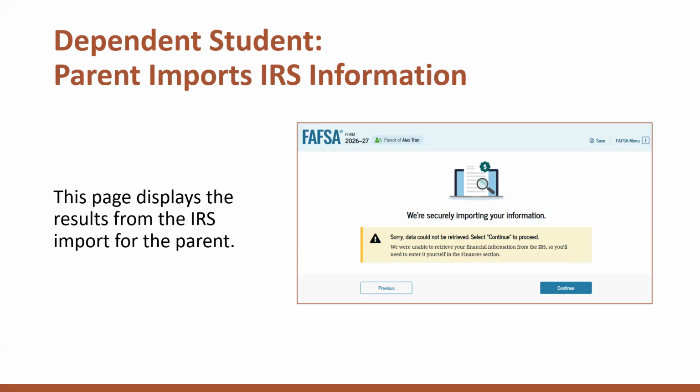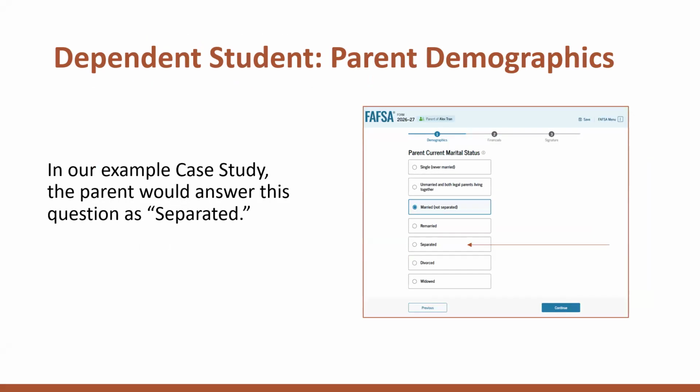For this particular situation where he is a tax filer from 2024, but is entering different information about marital status, they likely will still see a green check here because they did file taxes, and the IRS may still be able to make that connection. This information in the photo is just if data cannot be retrieved. So just something to note. And then essentially, they will continue answering questions about their demographics.